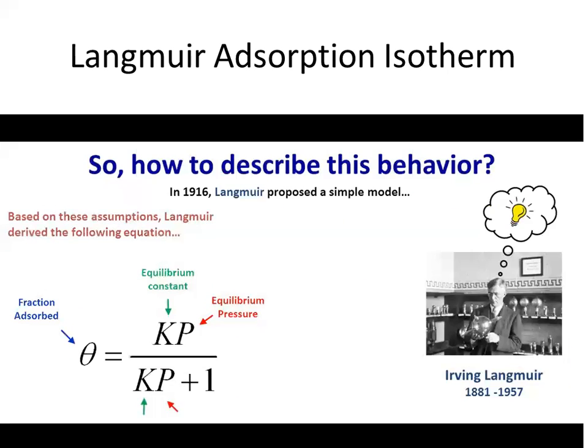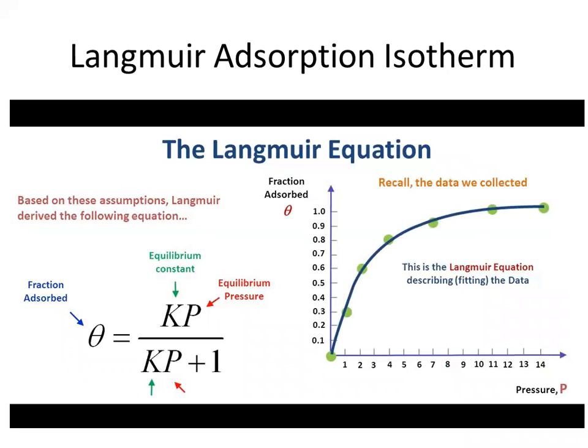So this is the same graph for the adsorption system. Pressure against theta. When you plot, it starts from zero with a sharp line because all sites are available.